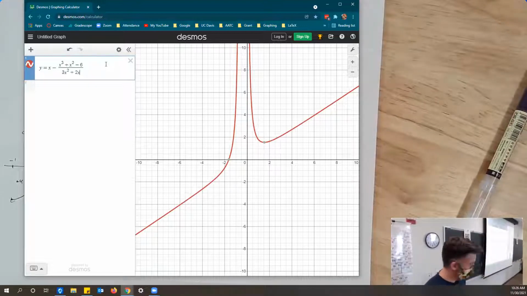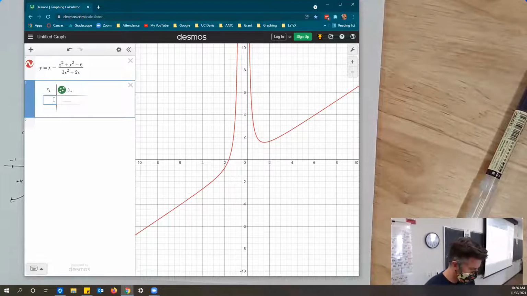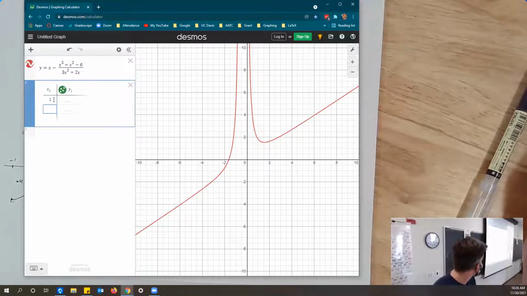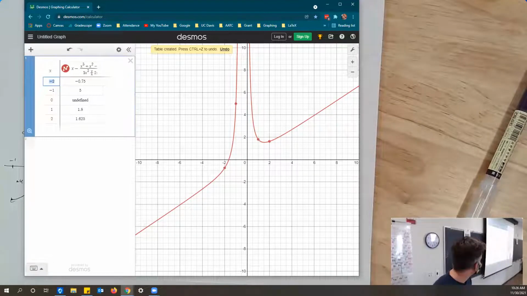And now I'm going to plug in my first guess, which was 1, right? So let me grab a little table here. Oh, come on. I did that wrong. You don't grab the table from here, grab the table from here, like that.